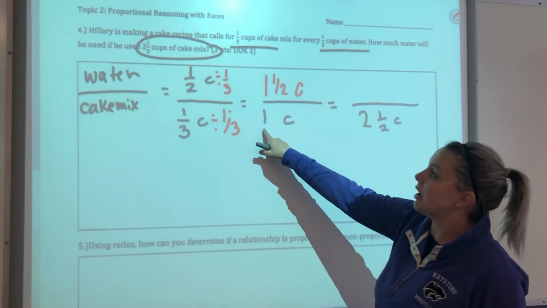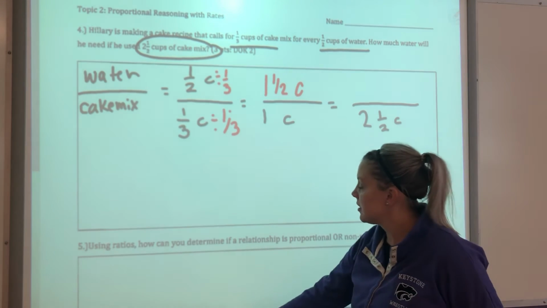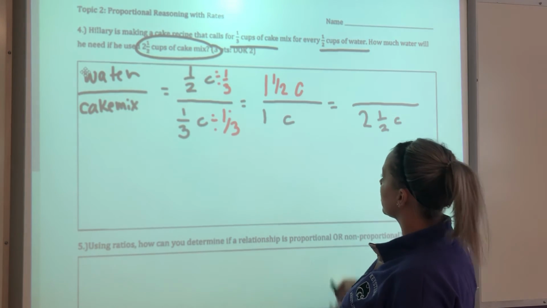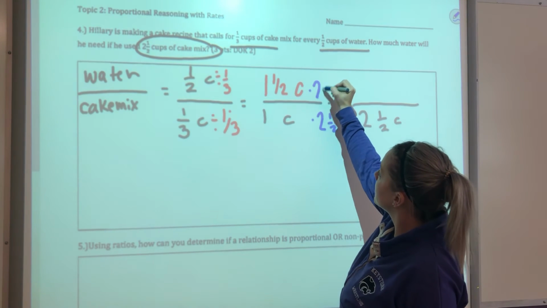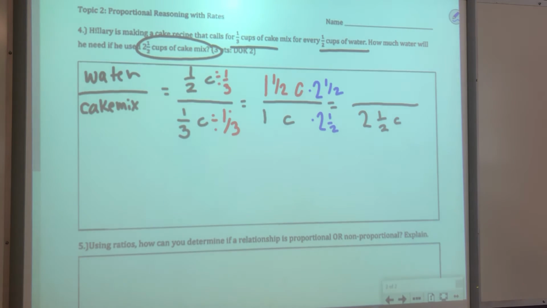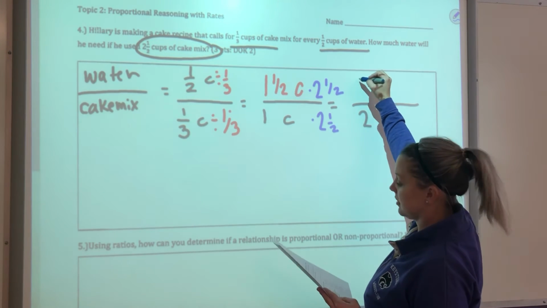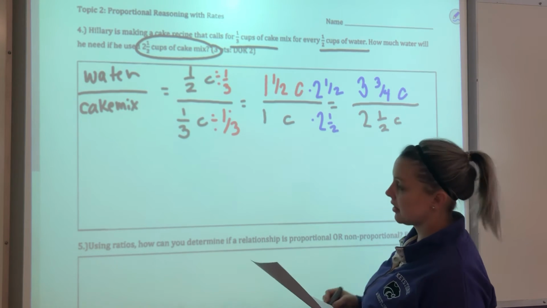But I don't want 1 cup, I'm using 2 1/2 cups of cake mix. So again, I have to scale up one more time. So I need to multiply by 2 1/2 and multiply by 2 1/2. And when I multiply by 2 1/2, I get 3 3/4 cups of water.